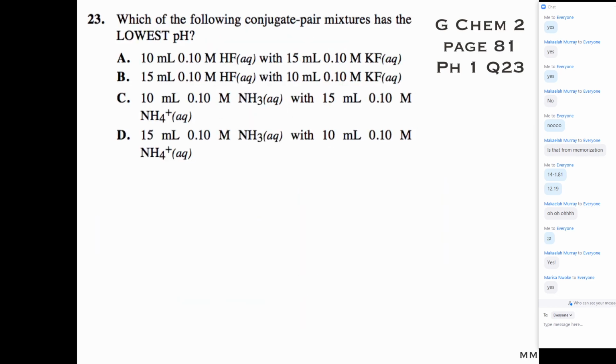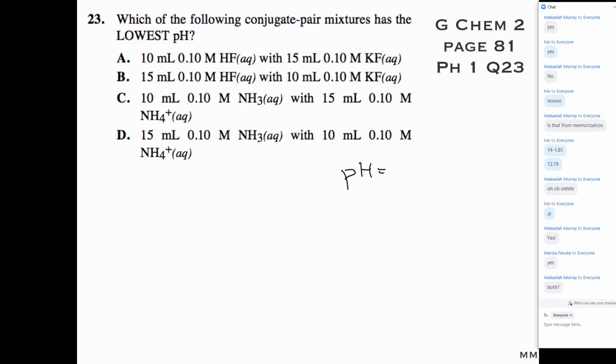So which of the following conjugate pair mixtures has the lowest pH? So for a conjugate pair mixture, do you need a pH calculation that involves just the base, just the acid, or both? You need both.